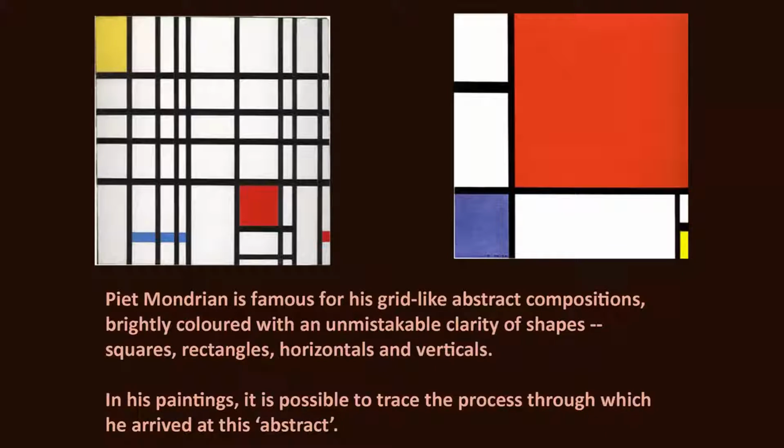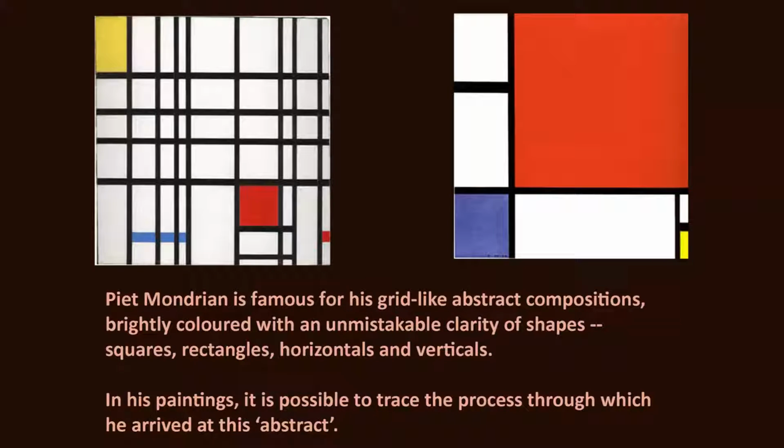And we have the next brilliant abstract painter called Mondrian, who is famous for his grid-like abstract compositions, brightly colored with an unmistakable clarity of shapes: squares, rectangles, horizontals and verticals.